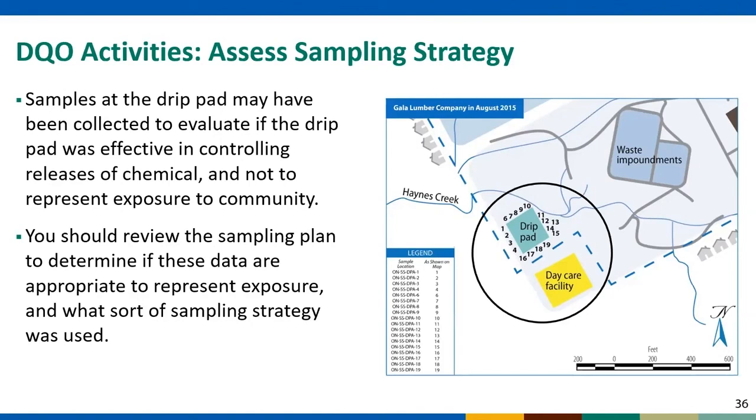You need to also assess the sampling strategy and determine if a judgmental sampling scheme was used in collecting these samples around the drip pad, or did they do some sort of randomized strategy to represent that entire area or part of that area. Remember, without a randomized sampling scheme, you cannot calculate a valid upper confidence limit of the mean.